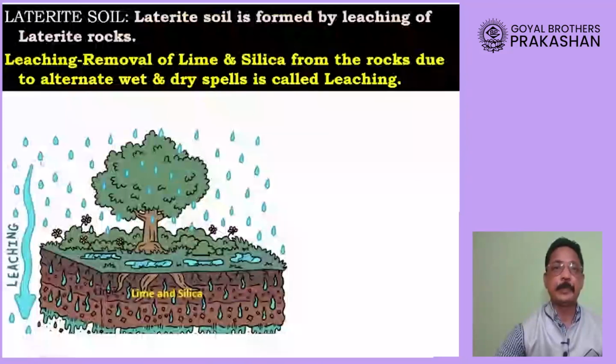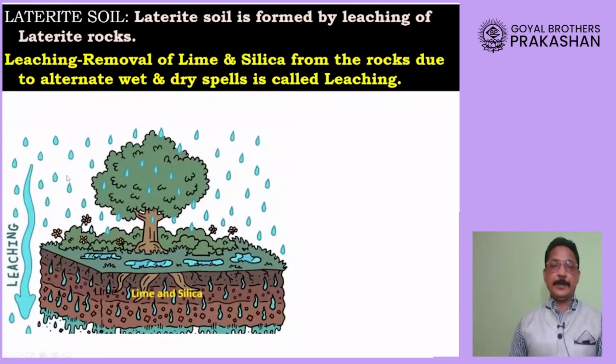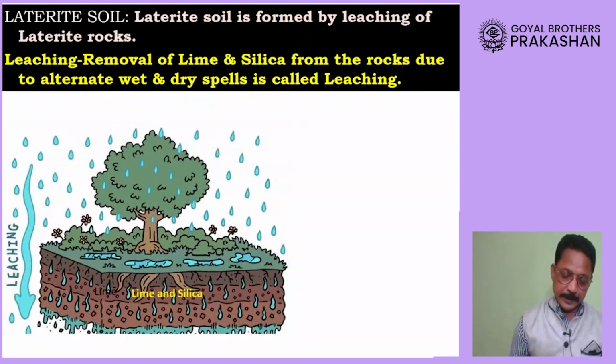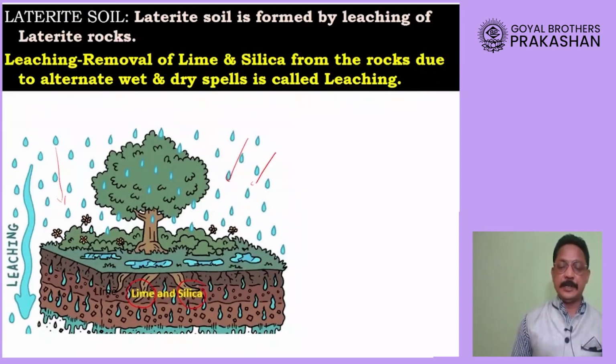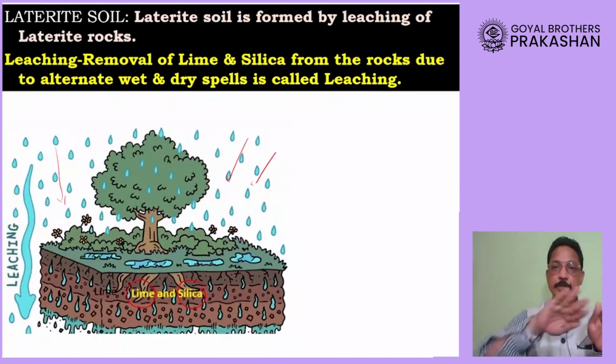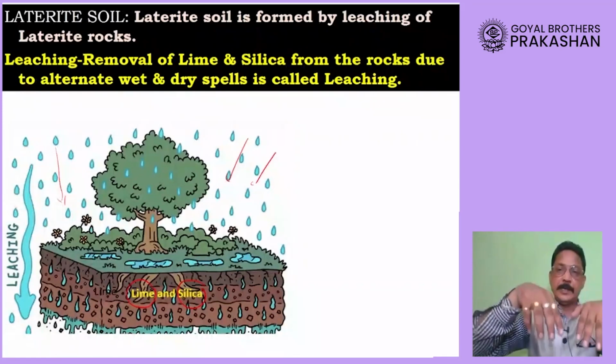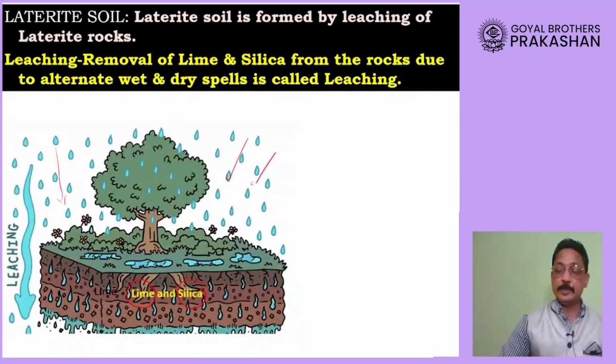Okay, now look at this picture carefully. Here you will find that some rainfall is shown. Please understand what I am telling you now. Okay, when rainfall occurs, dear children, heavy rainfall I mean to say, now in this soil, the lime and silica which are present get washed away, or they are carried by water and they start getting percolated deep in the soil.